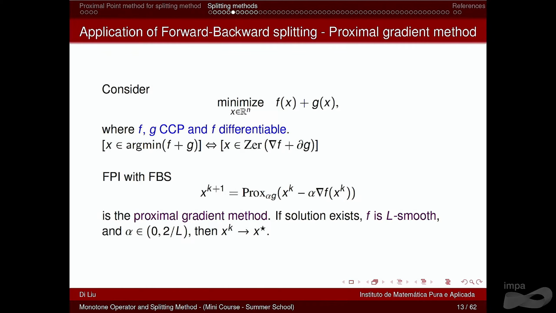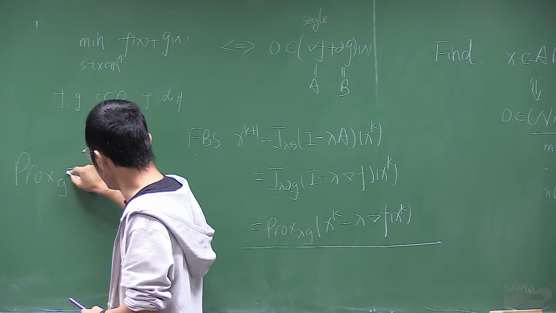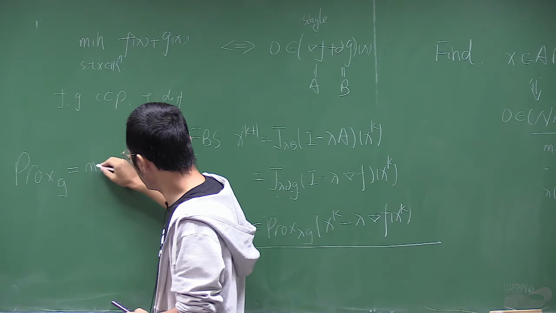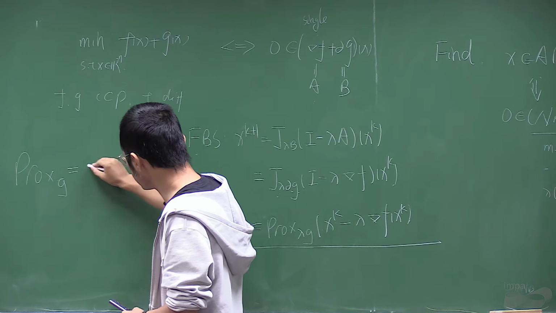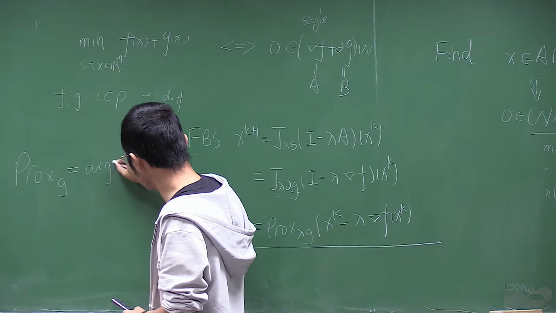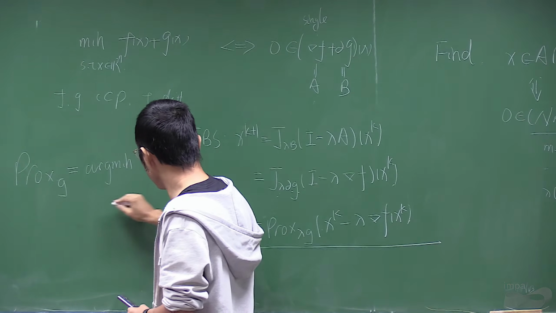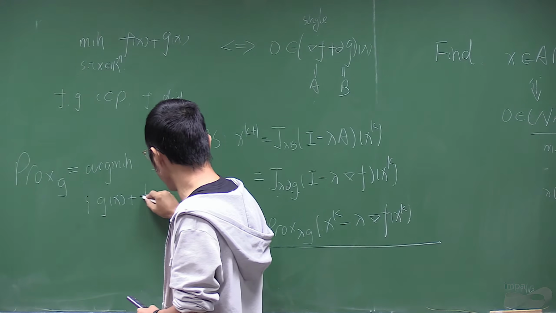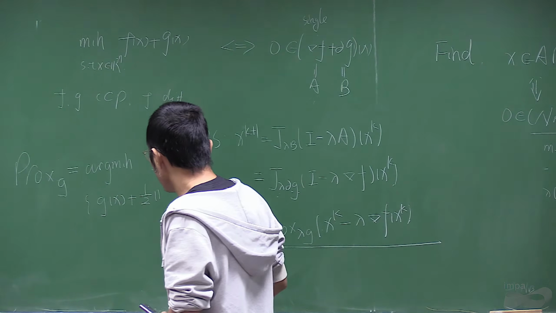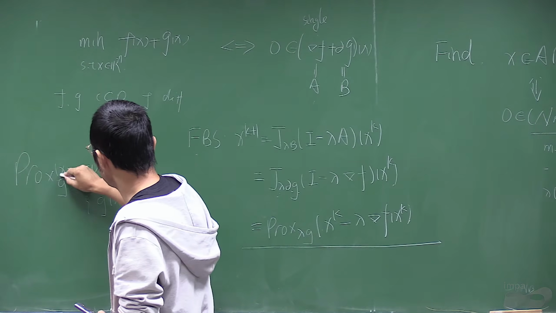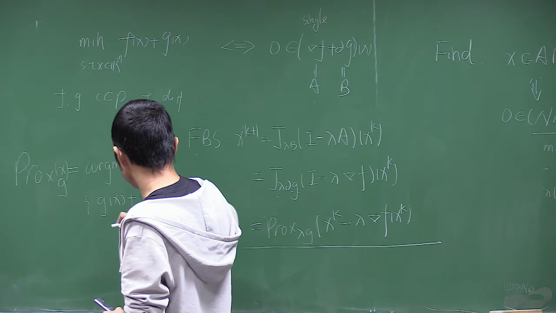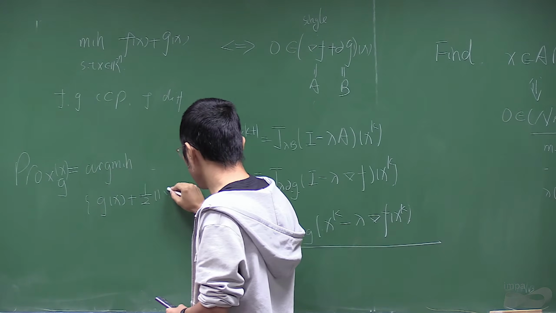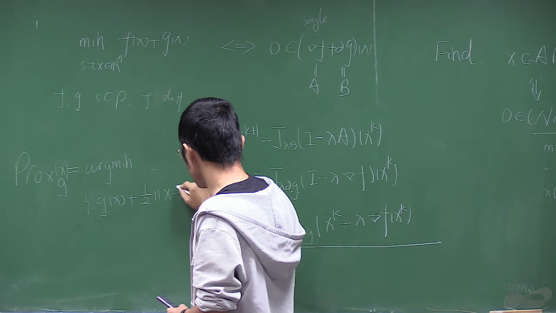The prox of g at y equals the argmin over x of g(x) plus 1 over 2 times the squared norm of x minus y.